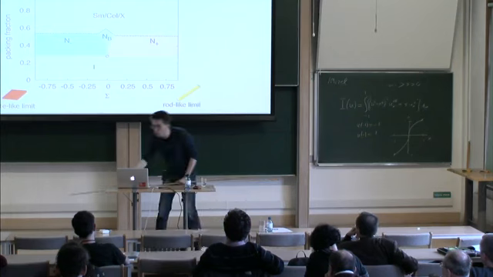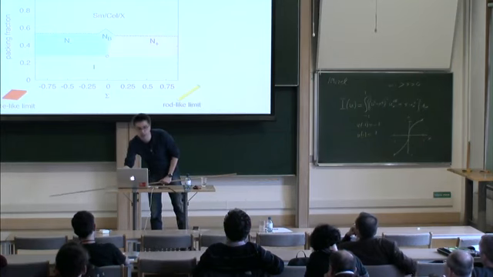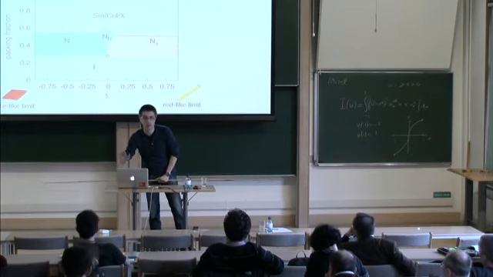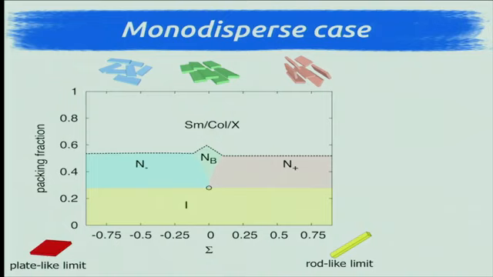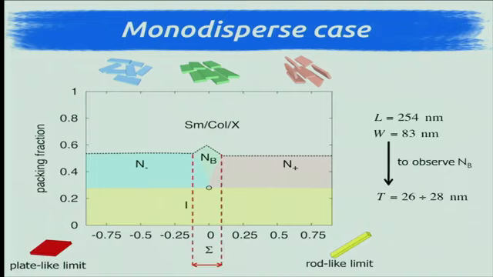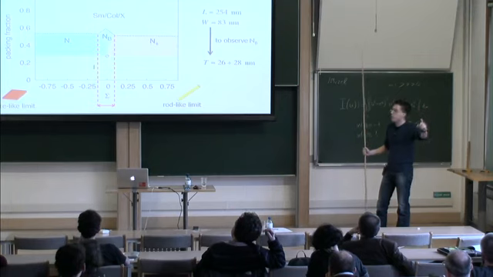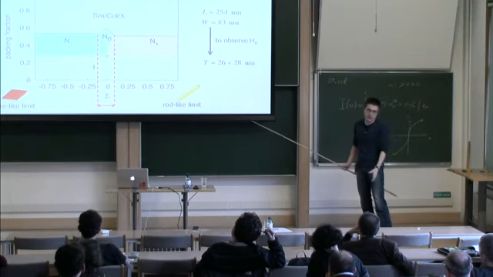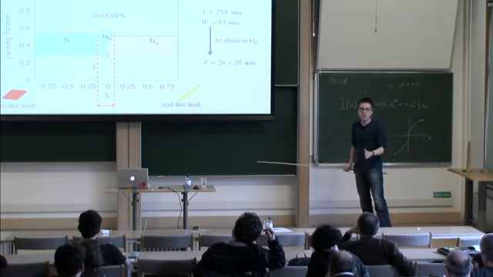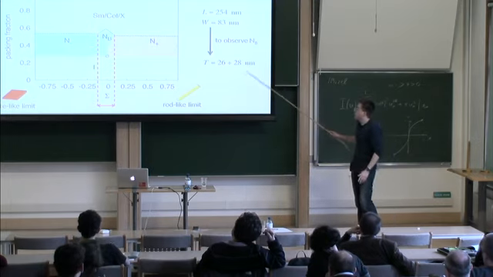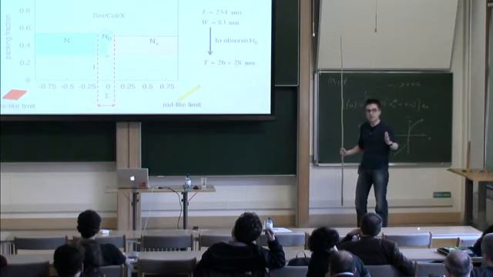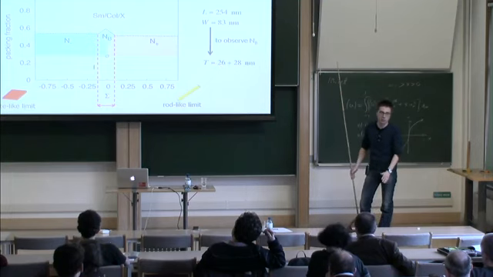Let's compare this phase diagram with the experimental numbers for the average dimensions. If we fix the two average values of the length and width of the particles, we see that we expect to observe a biaxial nematic phase only if the third dimension has a value between 26 and 28 nanometers.